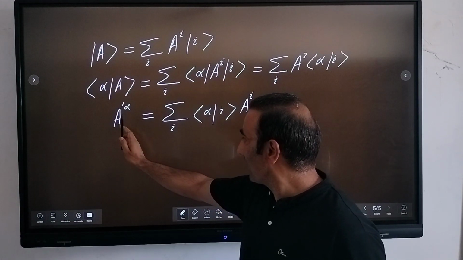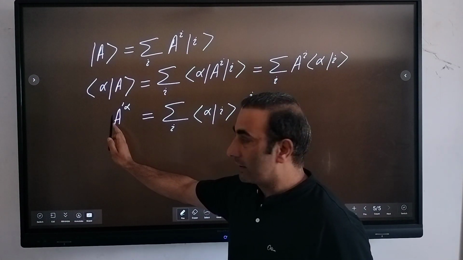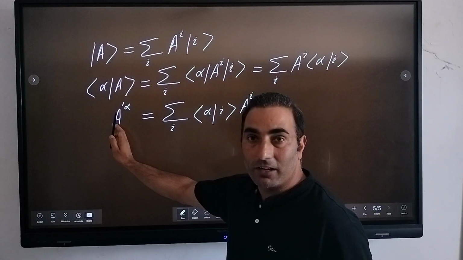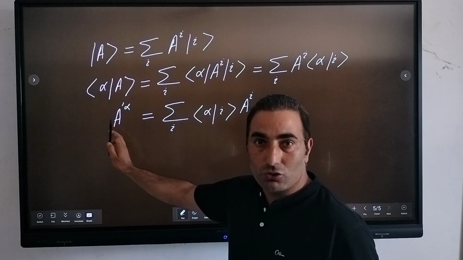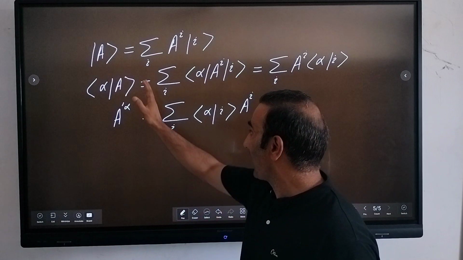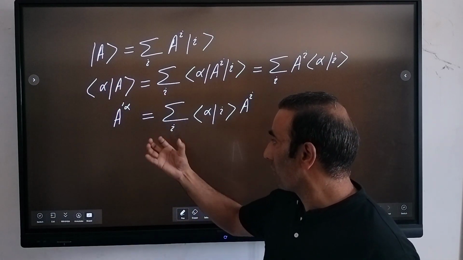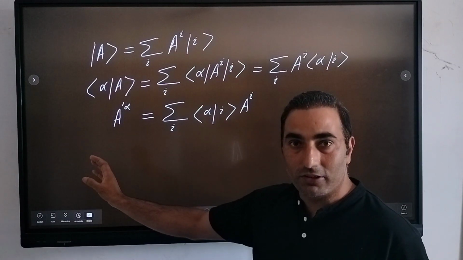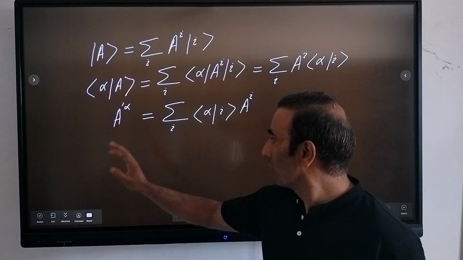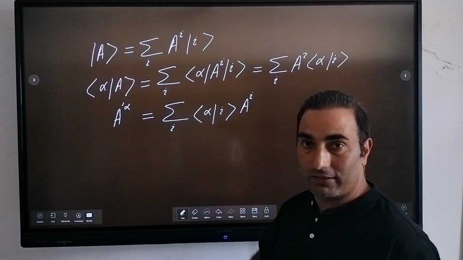So that means I am basically transforming this vector A from some basis to some new basis using the Dirac notation, because this is bra-ket notation. So using this Dirac notation, I am basically changing the basis from one to another, right? So alpha is our new basis, this is our old basis, right?